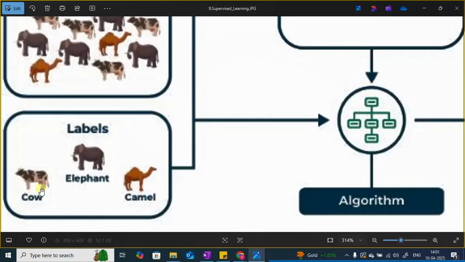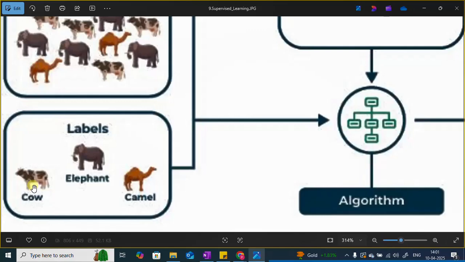Then a cow: a combination of white and black color, not that tall, not as heavy as an elephant, no long trunk, no long teeth at all, and it also has two horns. If such features are given, that belongs to a cow only.